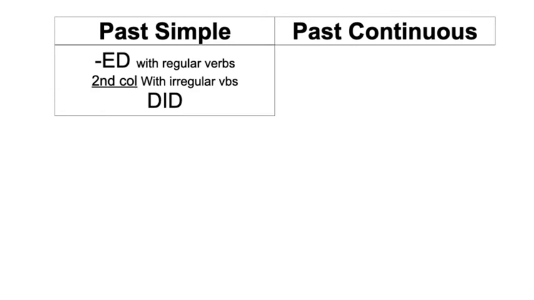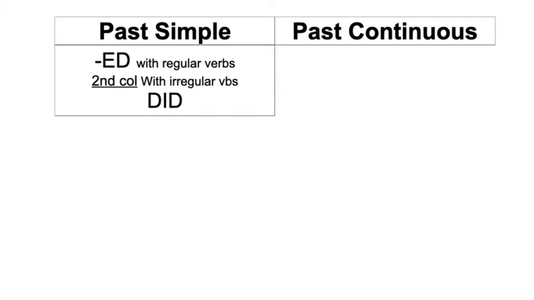Basically, when you use past simple, you need to write ed with regular verbs, and you need to write the second column with irregular verbs. The list of irregular verbs is a very closed list, so you need to know it. Some of them can be written both with ed and the second column, so you can choose whichever way you want.